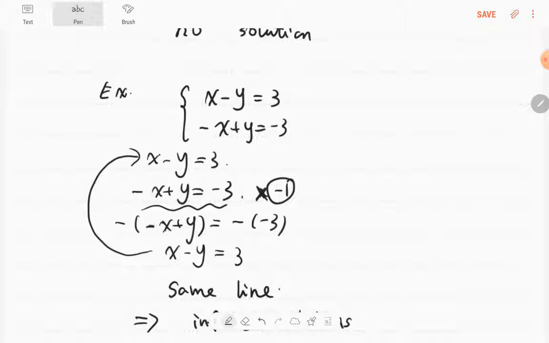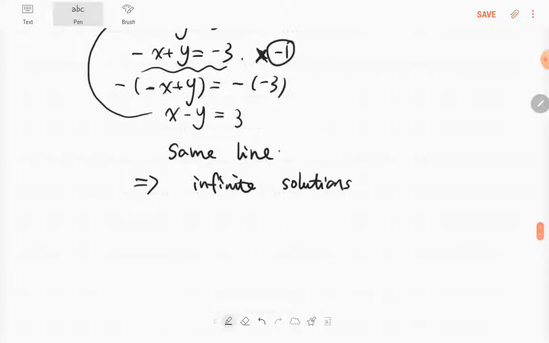If you can find the relationship, transform one to the other, you can prove they are the same line. Another way is to find several points for each equation and draw the straight line. You will realize these two equations are actually the same line. If they are the same line, then they have an infinite number of solutions.